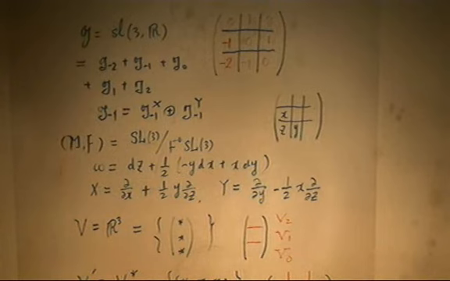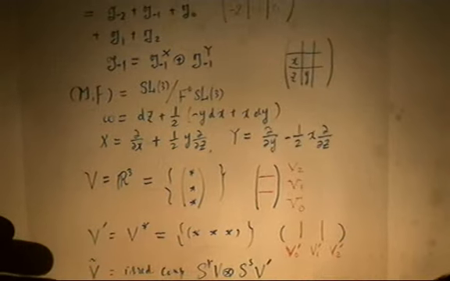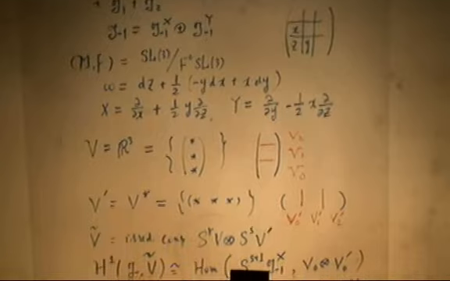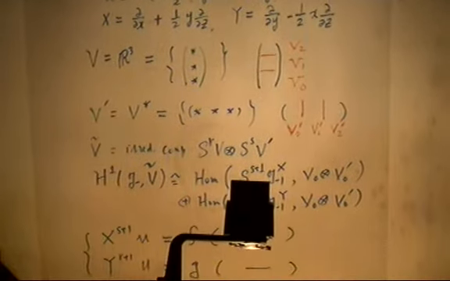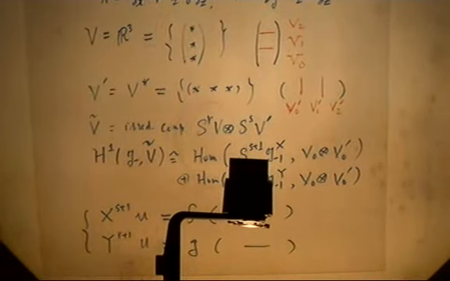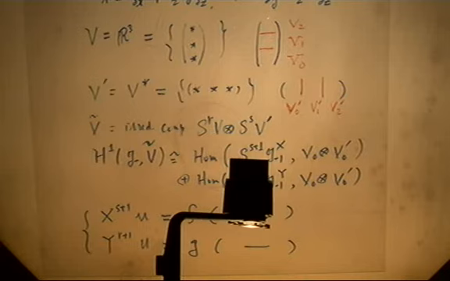In this case, I denote V the three-dimensional vector space, and we decompose it into this component, this component and this component. I denote them V0, V1, V2. And the dual space has V0 prime, V1 prime, V2 prime in this direction.